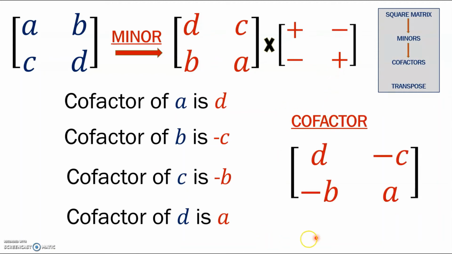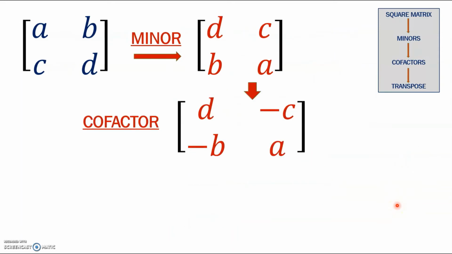So let's put them down as a cofactor matrix. Can you see, D into plus is plus D, C into minus is minus C, B into minus is minus B, A into plus is plus A. So now we have the cofactor. From the cofactor, we have to find the transpose. The transpose is where you take the elements in a row and make them the elements of a column.